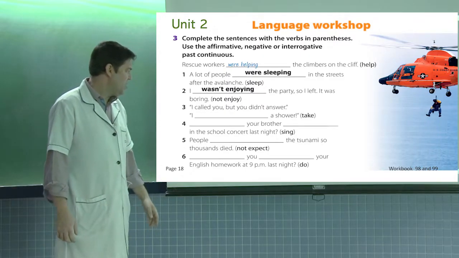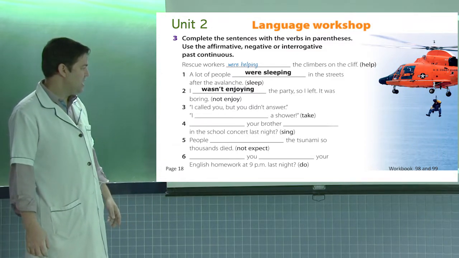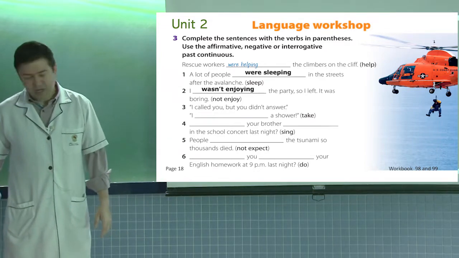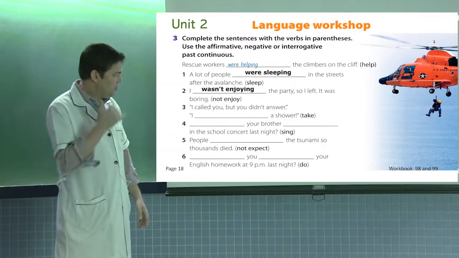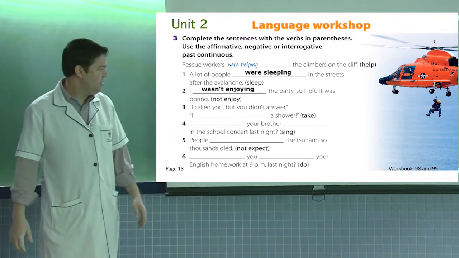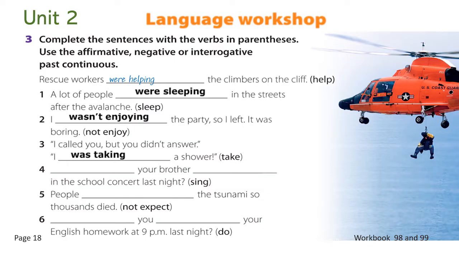Number three, I called you, but you didn't answer. A shower. Okay, so something happened. I called you. Yes, I phoned you. I sent or I spoke to you, and something happened. So what is this? Was taking a shower.